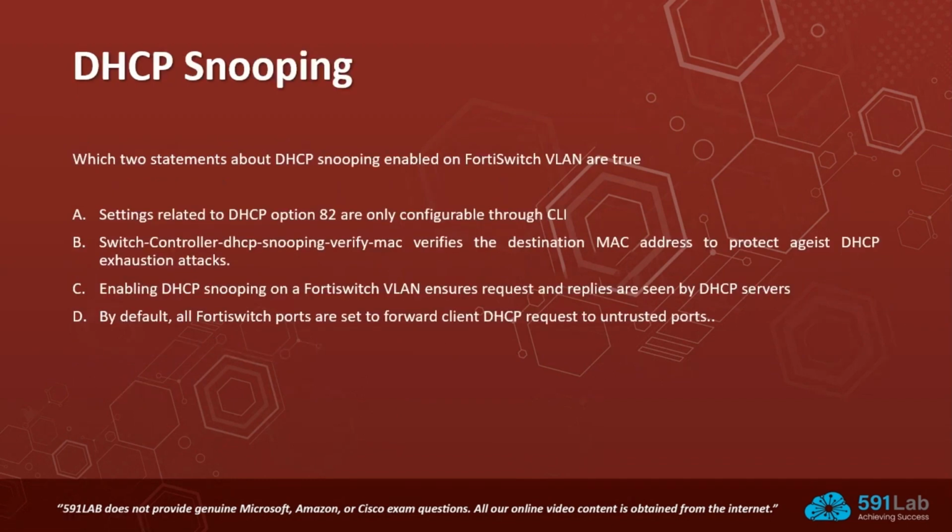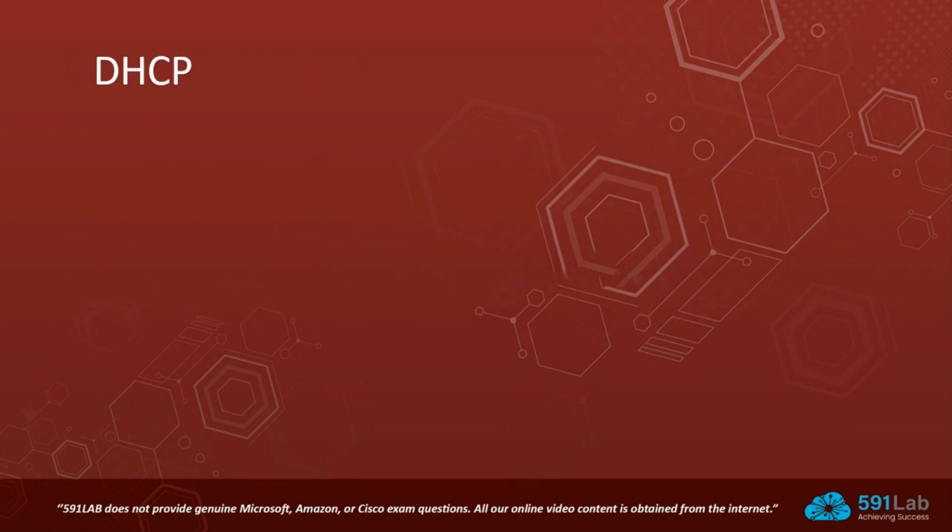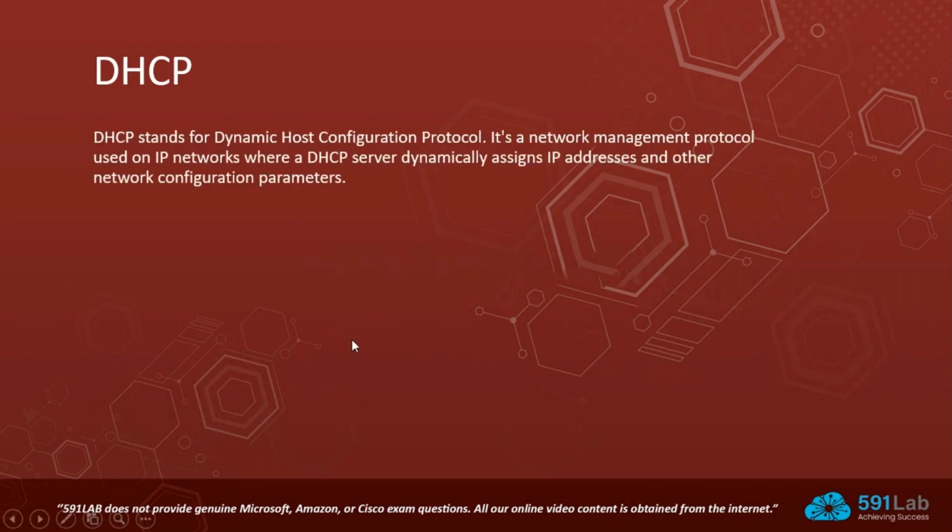Okay, let's move on to the first question. Which 2 statements about DHCP snooping enabled on FortiSwitch VLAN are true? First, let's understand what DHCP is. DHCP stands for Dynamic Host Configuration Protocol.